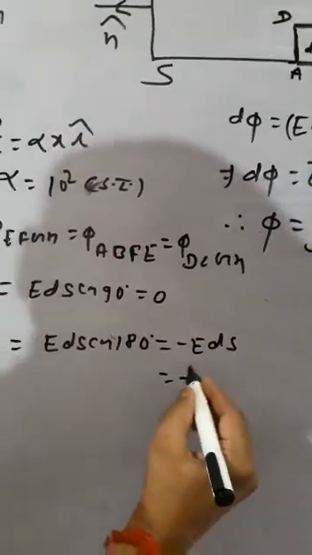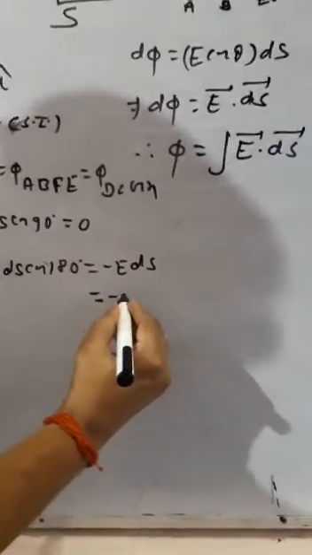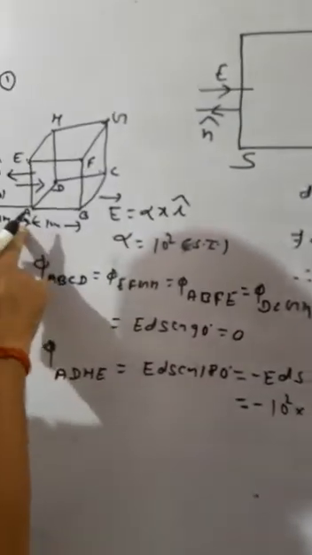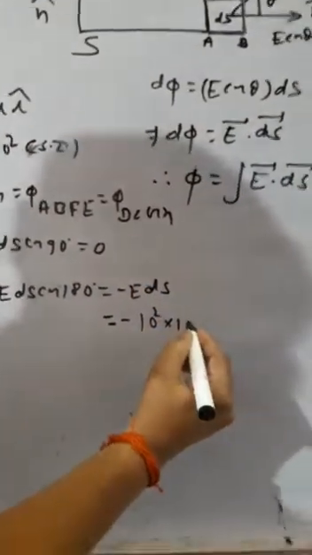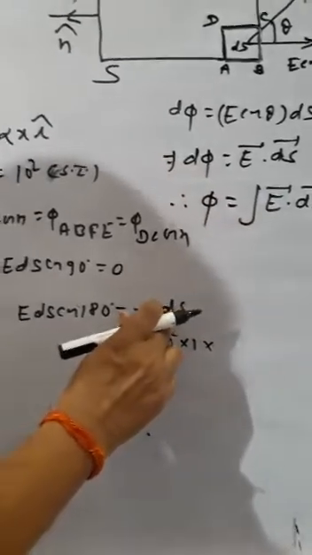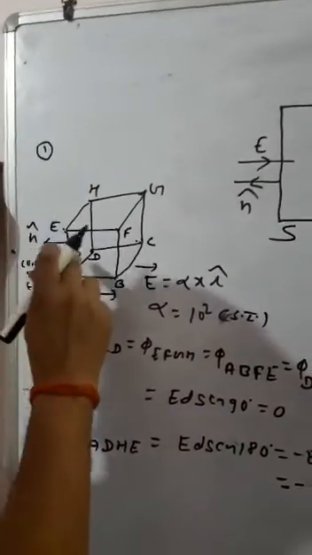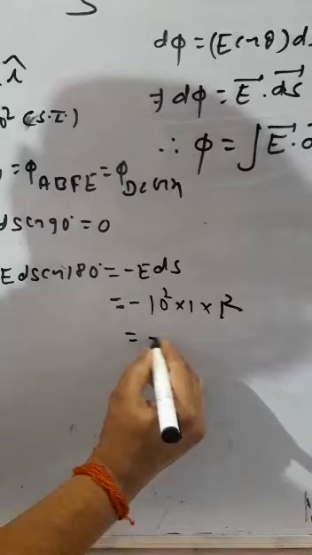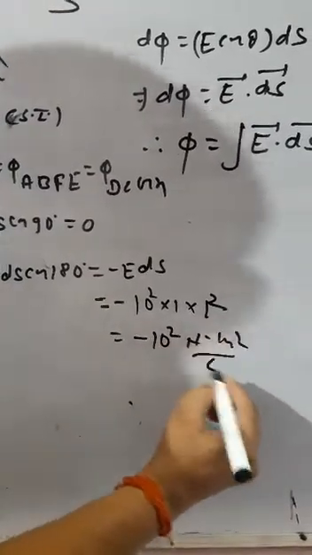And since E equals alpha x, so alpha is 10 to the power 2 and x is 1 meter, and dS means the surface area of ADHE. Since the edge length is 1 meter, the area of the surface is 1 square meter, which equals minus 10 to the power 2 Newton meter square per coulomb.